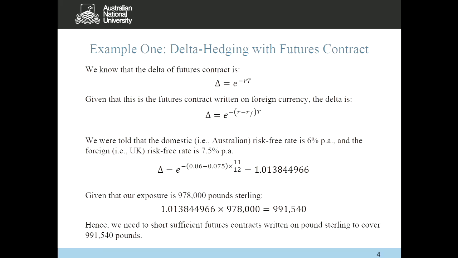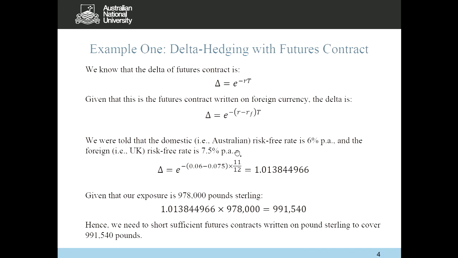We have the exposure of 978,000 pounds sterling, right? So that delta times the exposure, and we work out approximately 991,000. So basically, we need to short sufficient futures contracts on pound sterling to cover roughly 991,000 pounds. Okay, so that's how you answer this question.